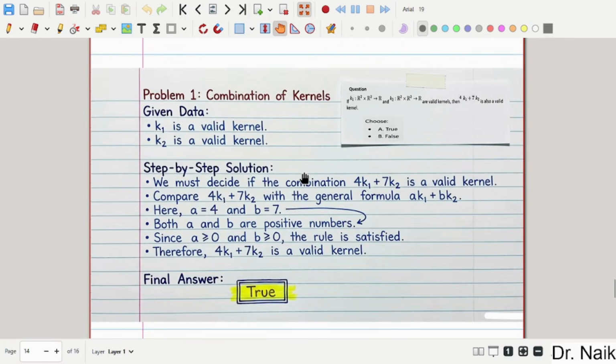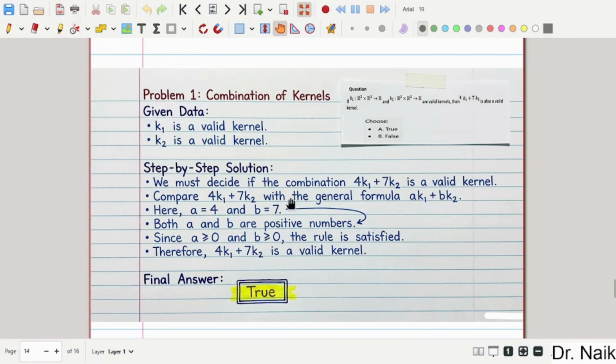Now consider our question. In our question, k1 is a valid kernel as well as k2 is a valid kernel. We must decide if the combination 4k1 plus 7k2 is a valid kernel. Compare 4k1 plus 7k2 with our general formula a k1 plus b k2.